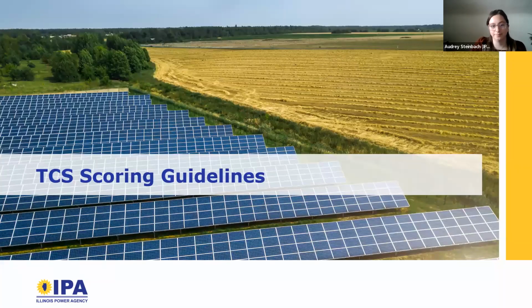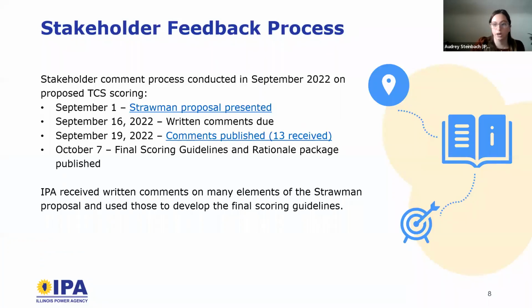Now we're going to go through the process that took us from the scoring criteria and stakeholder feedback to today. On this slide, we have an overview of the stakeholder feedback process that took place related to the finalization of the traditional community solar scoring criteria.